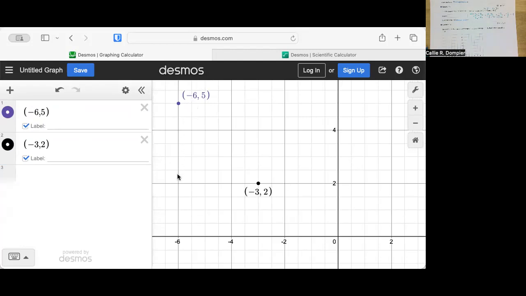One, 2, 3. So we went down 3, right 3, down 3, right 3. Down 1, right 1, down 1, right 1, down 1, right. And you'll get there. Good.